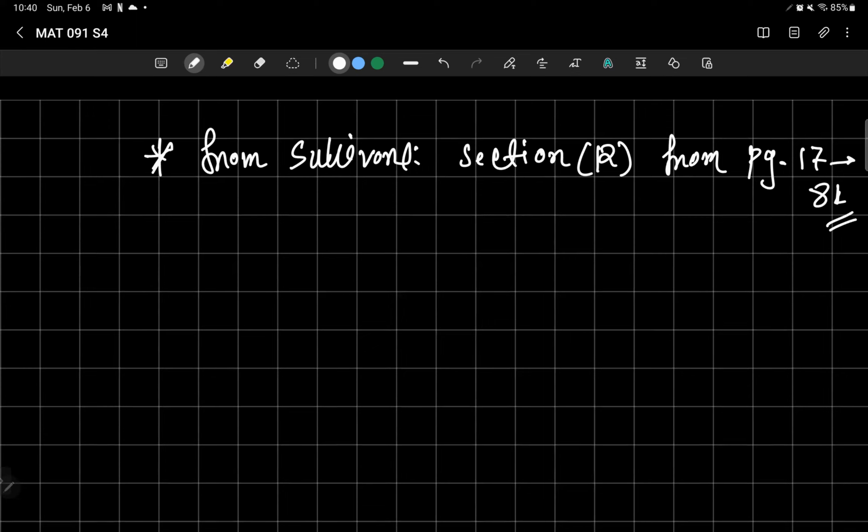That means you need to just have a look. If you don't understand things, that's fine, but just have a look at these things, okay? This will contain topics from Algebra Essentials to rational exponents.